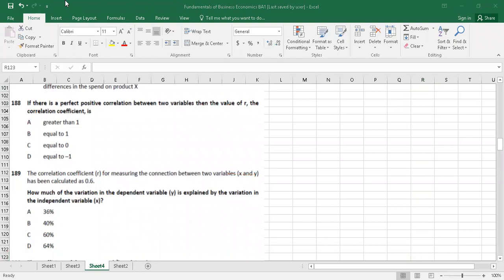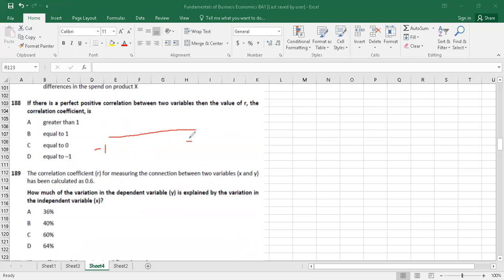Question 188 says that if there is a perfect positive correlation between two variables, then the value of R, the correlation coefficient, is, see the range is, the value of R ranges between -1 to +1. See, it is not about greater than 1. So R falls anything between -1 and +1.